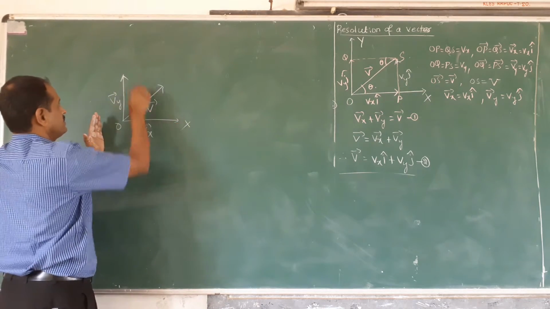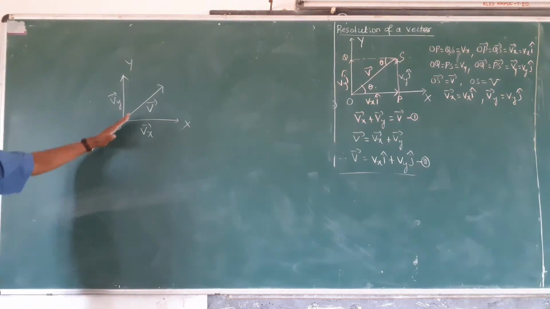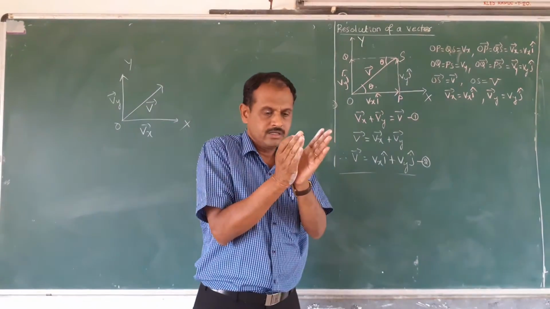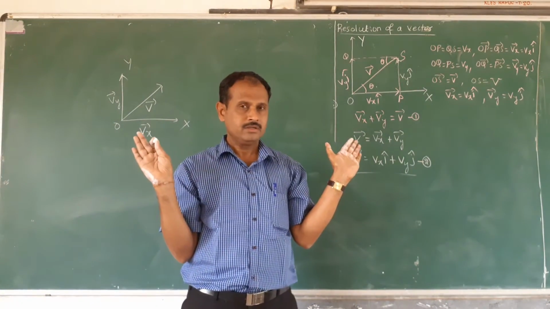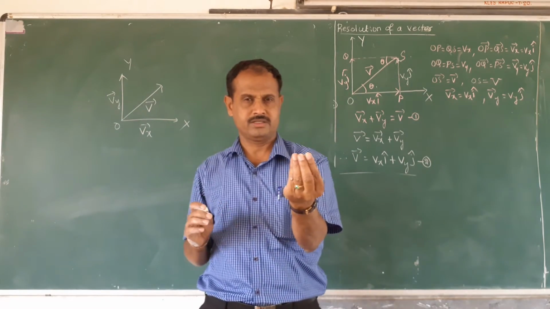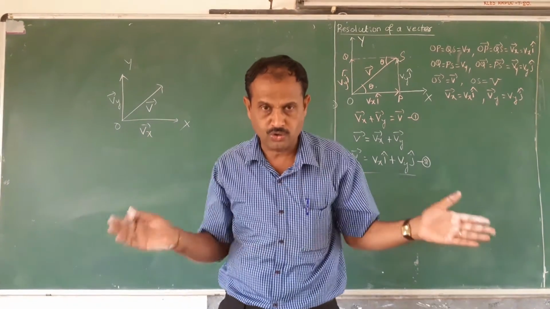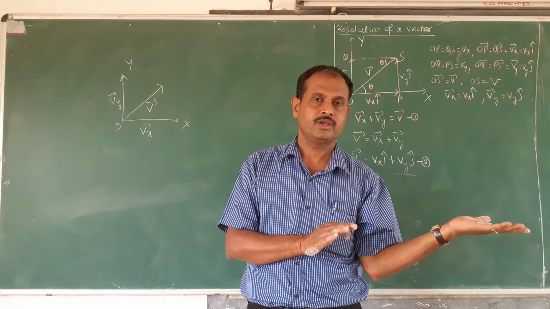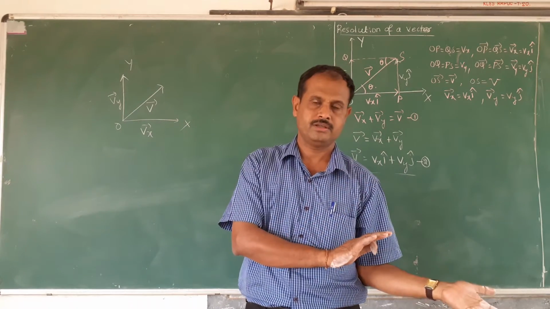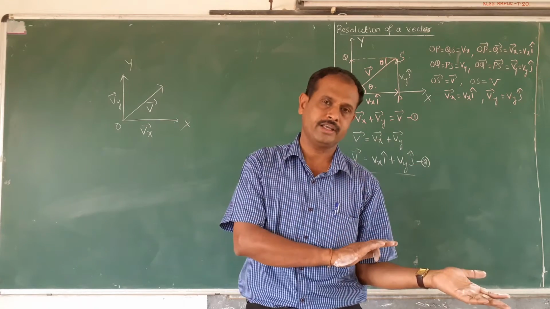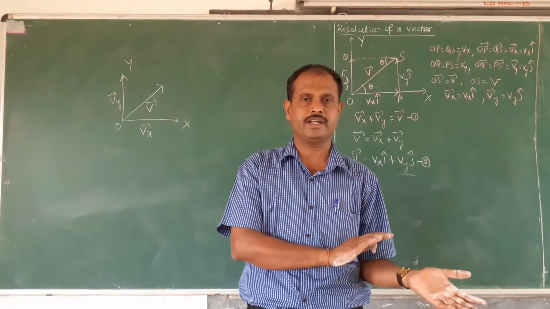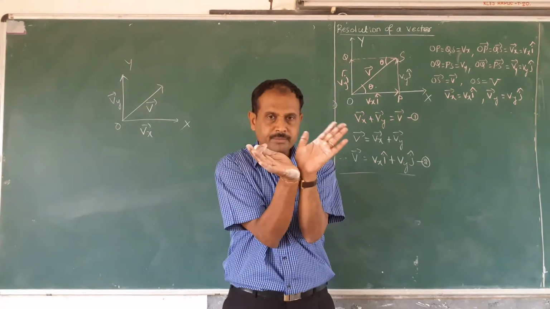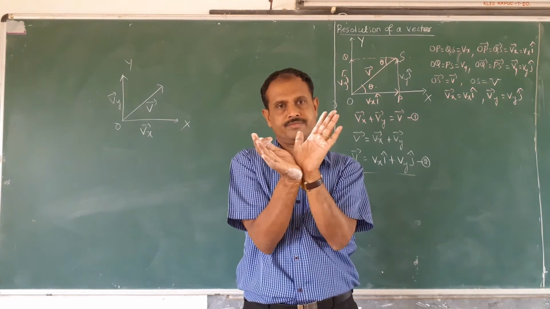This is along the x-axis, this is along the y-axis. For example, 100 rupees is split up into two components. One of them is 40, another is 60. One is 50, another one is 50. One is 30, another one is 70. One is 70, another one is 30. One is 25, another one is 25. Like that, it is split up into two components.